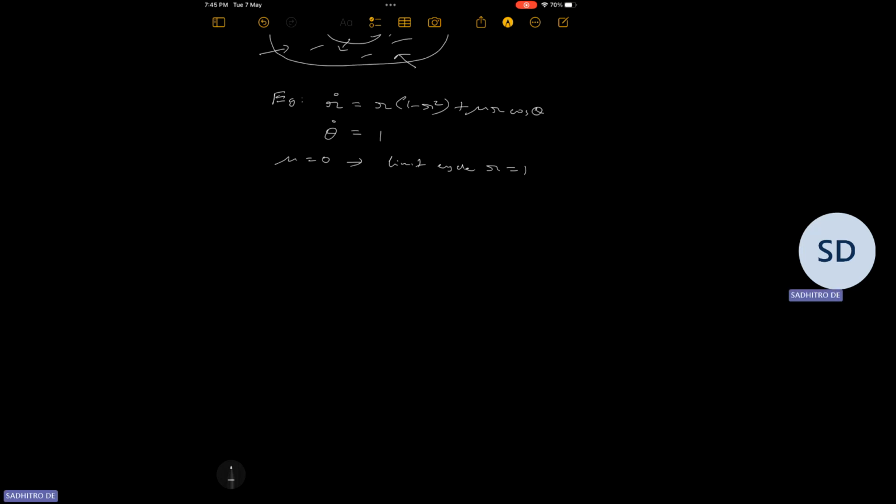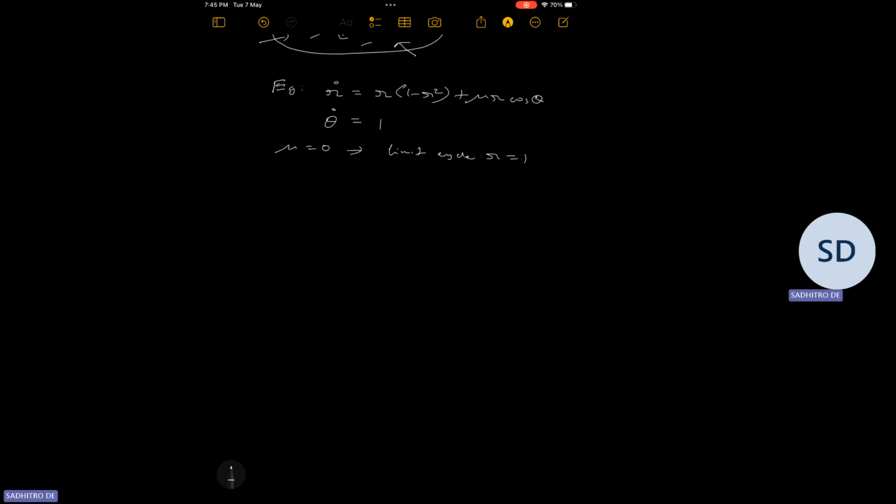Now let us see what happens when mu is not 0, when mu is greater than 0 basically. So to construct a trapping region, we need to find two quantities. One is r min and r max, which end up becoming the boundaries of the trapping region.